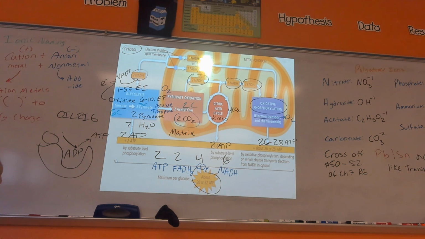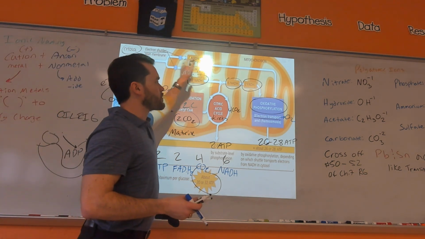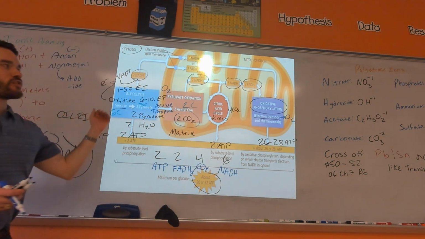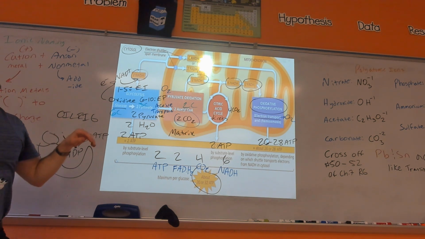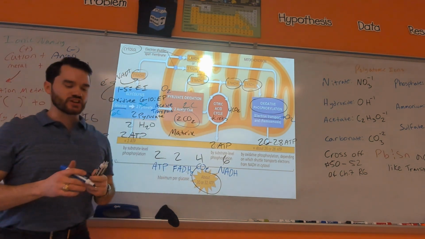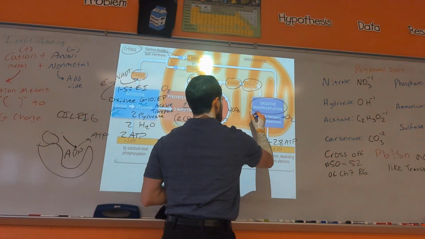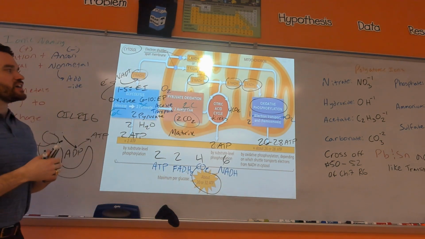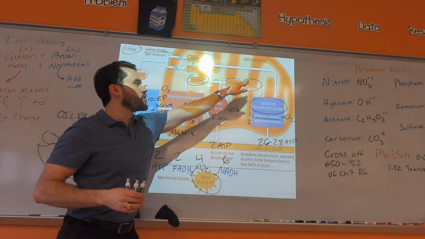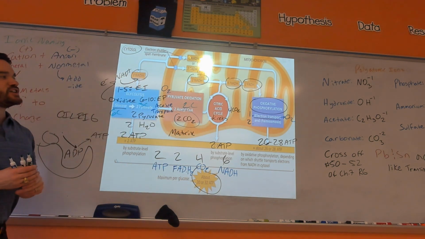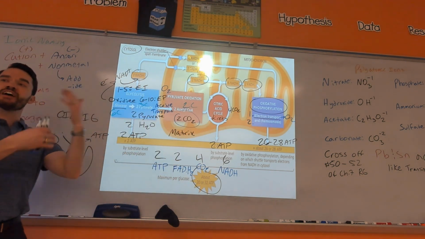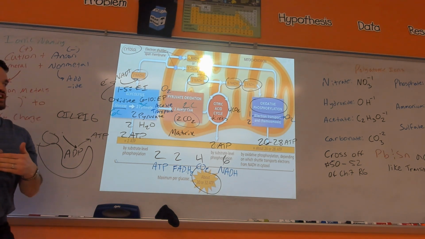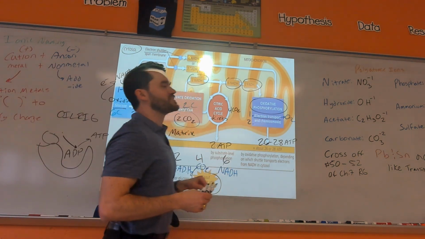So then we're taking our electron carriers and we're going to send them further along in the mitochondria, and we're going to do something called oxidative phosphorylation. There's 2 steps to oxidative phosphorylation. The first is the electron transport chain. That's where you're going to remove the electrons stored on those electron carriers, and you're going to use the energy that you release from those electron carriers to do a process called chemiosmosis.